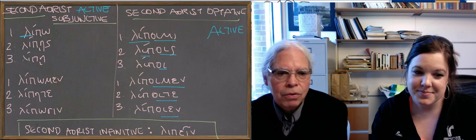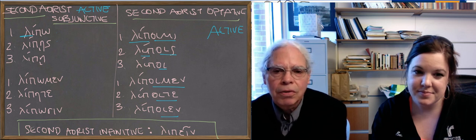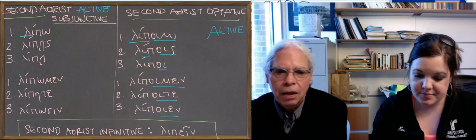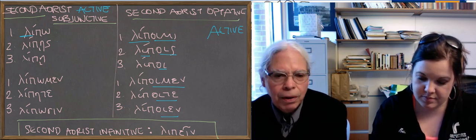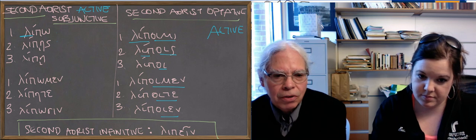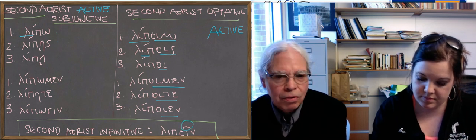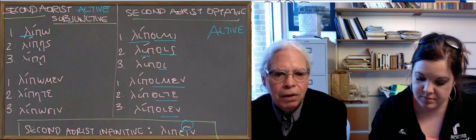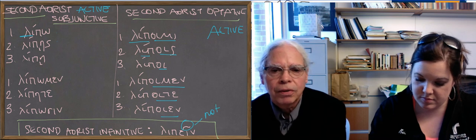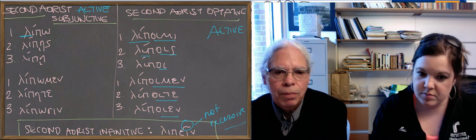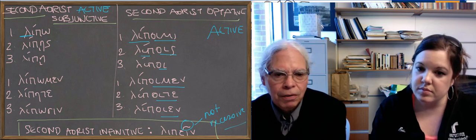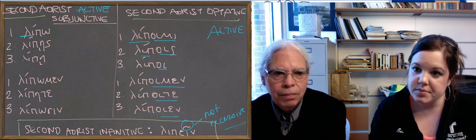Notice there is one funny thing about the second aorist infinitive. The ending is ein, lipein, what you would expect for a thematic form like this, but its accent is weird. It has non-recessive accent on the last syllable. What's being accented is the thematic vowel itself. We'll see more about this later on, but that's the way it works.